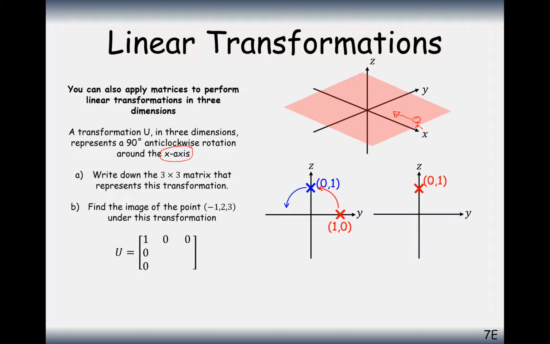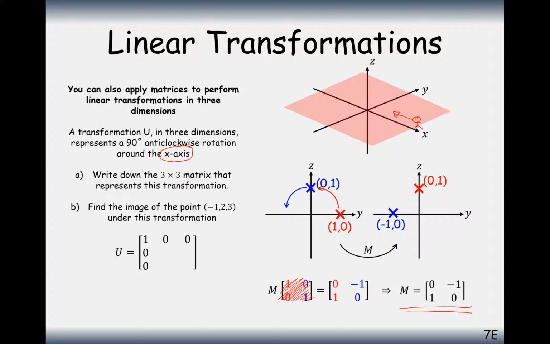Well, the red coordinate will end up at the y coordinate 0, z coordinate 1, and the blue coordinate would end up around here. So there's been some matrix that times these base coordinates to get to these image coordinates. But handily, this base coordinate here is just the matrix 1, or the identity matrix, so we can effectively just scribble it out, and the matrix that has performed this transformation is this matrix here. 0, -1, 1, 0.